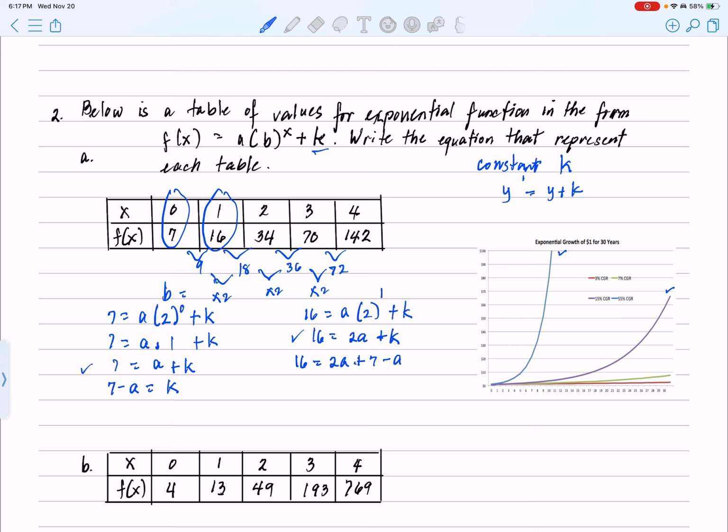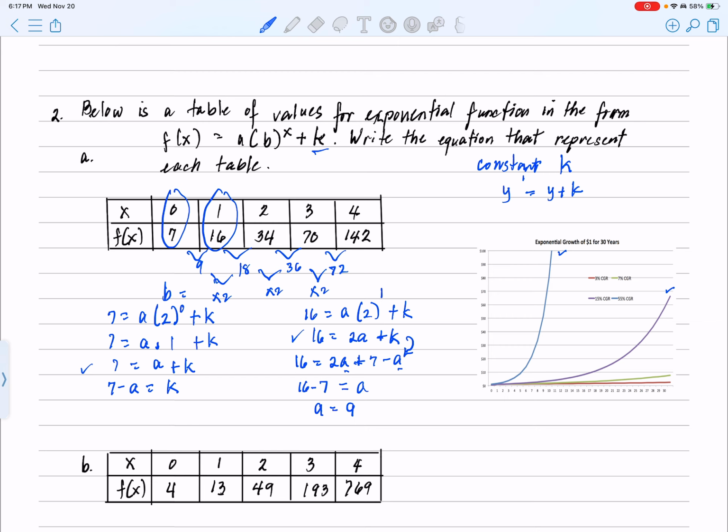So the unknown variable we have now is a, and we can solve for it. Transposing, 16 minus 7 equals 2a minus a, which is a. So a is 16 minus 7, which equals 9.